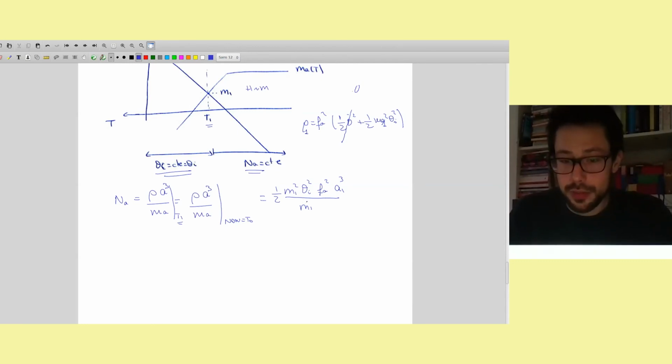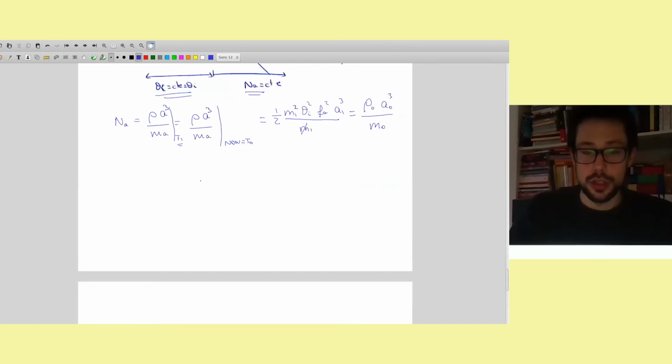And this will be equal to the energy density today, that we're going to call sub-0, times the scale factor today to the cube over the mass of the axion today. So finally, from this, we can obtain that the energy density today is nothing but 1/2 of m0, m1, theta I Fa squared times (A1 over A0) to the cube.